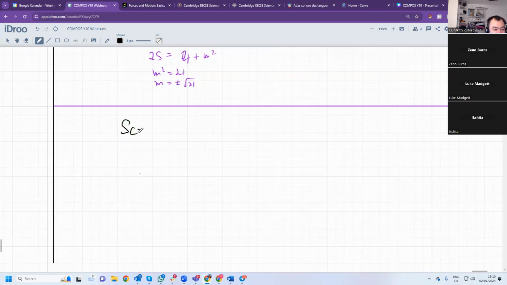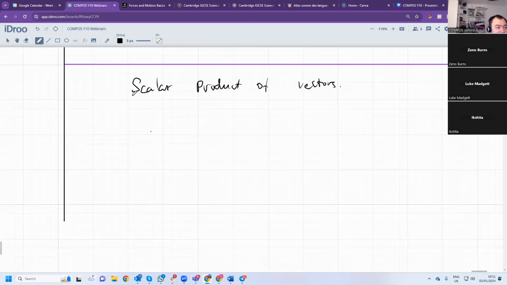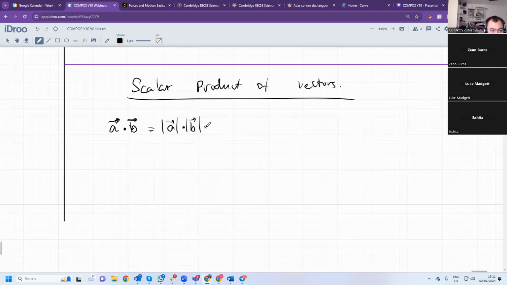So the scalar product of vectors: if you take a vector A and multiply by vector B, the result is modulus A times modulus B multiplied by the cosine of the angle between the two vectors.